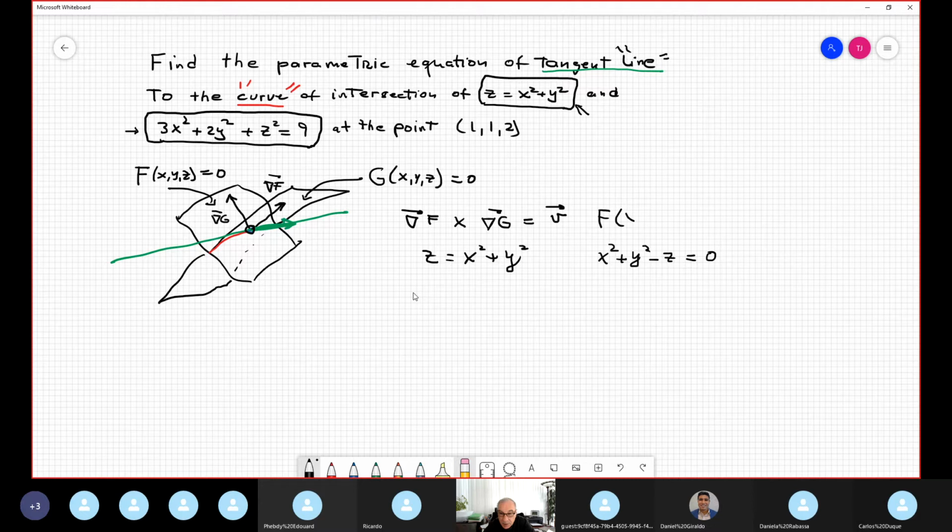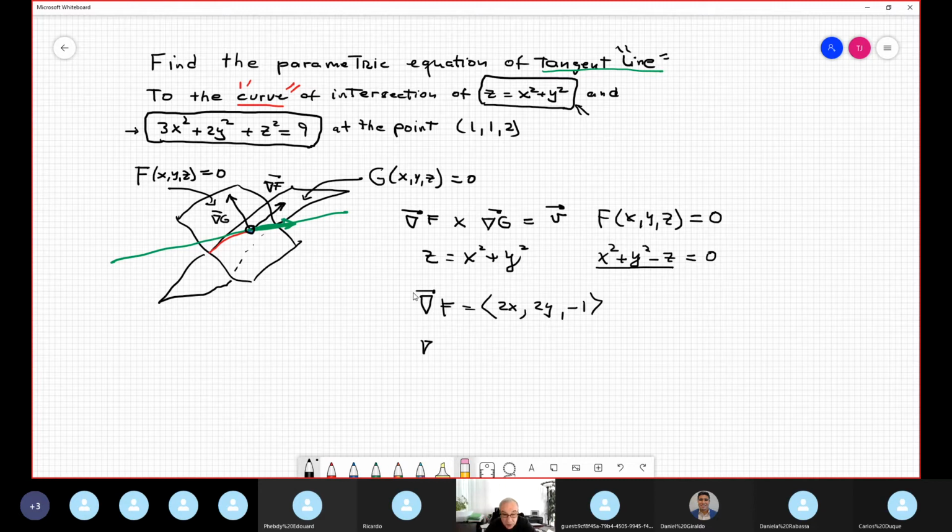Capital F of x, y, z is equal to that expression. I compute the gradient. Gradient of capital F is the derivative with respect to x, it's 2x, easy. Comma, with respect to y, it's 2y. With respect to z is negative 1. And you evaluate at the specific point.